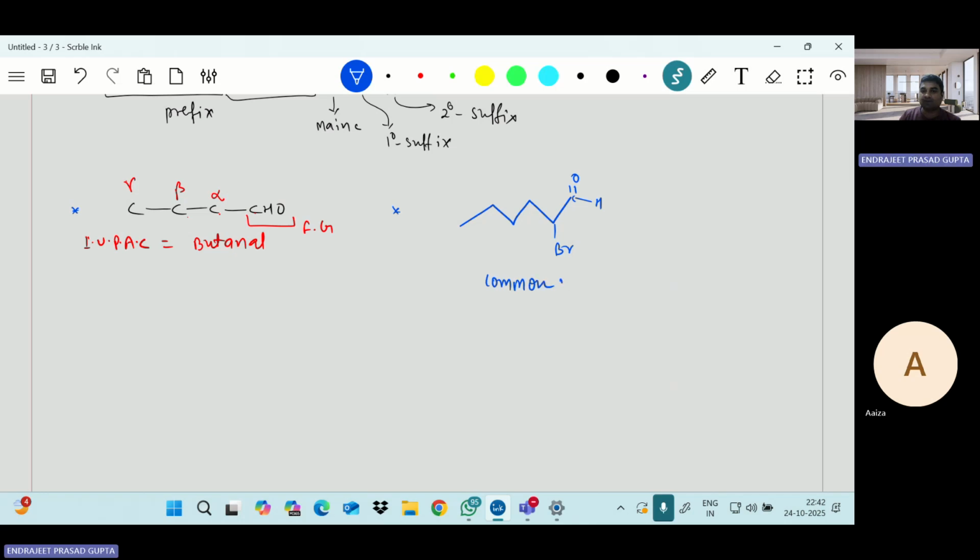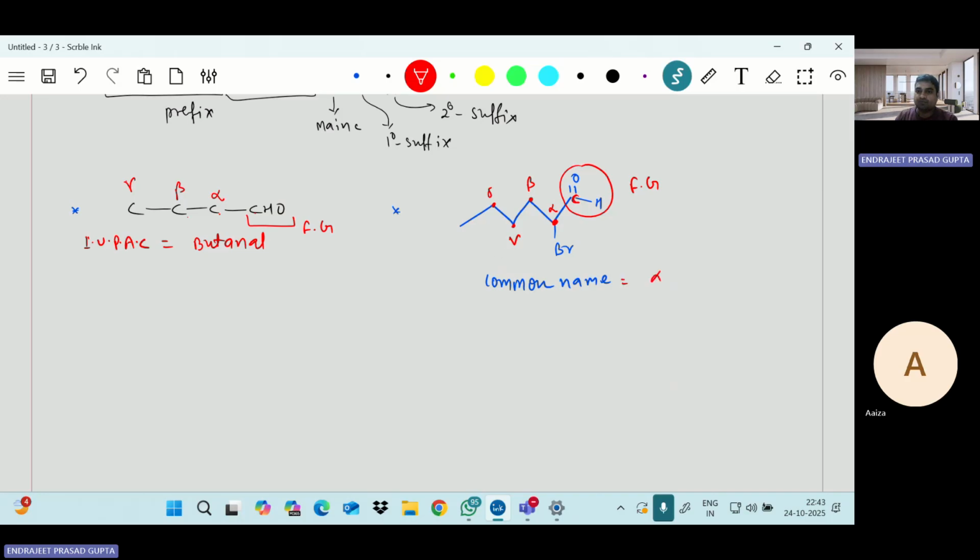In the case of the common name, you will use alpha, beta, gamma. Don't use 1, 2, 3. This is the carbon and the entire group is the functional group. The carbon the functional group is attached to is called alpha, and this is beta, this is gamma, and this is delta. So bromo is attached to the alpha.